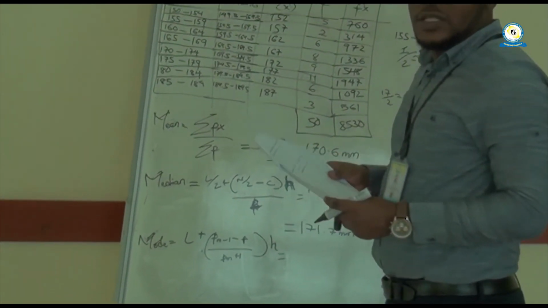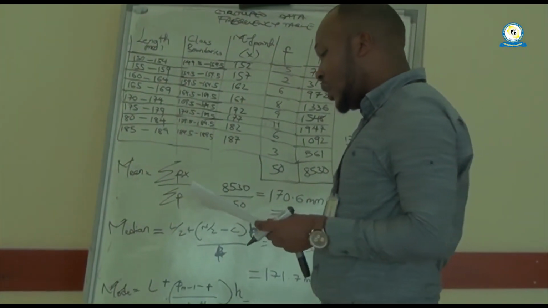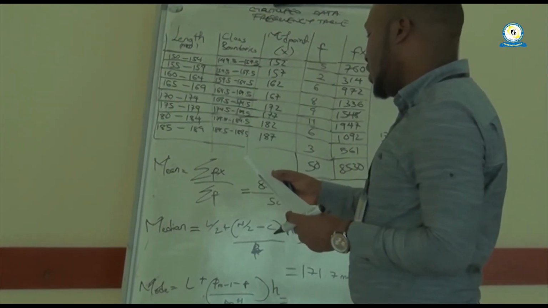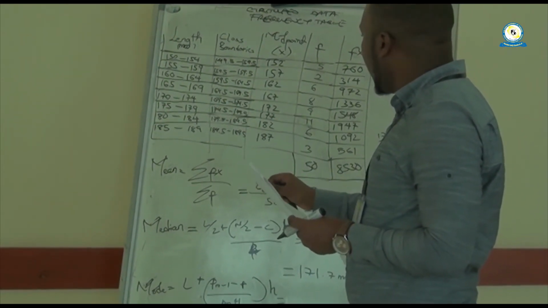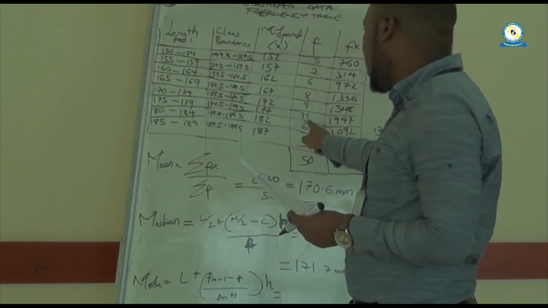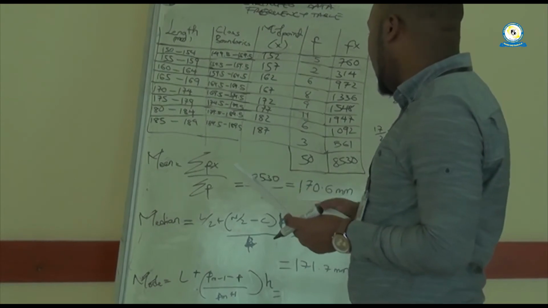I hope you can see it here. We say that the mode is the most frequent value, the highest one. The highest frequency here is 11.